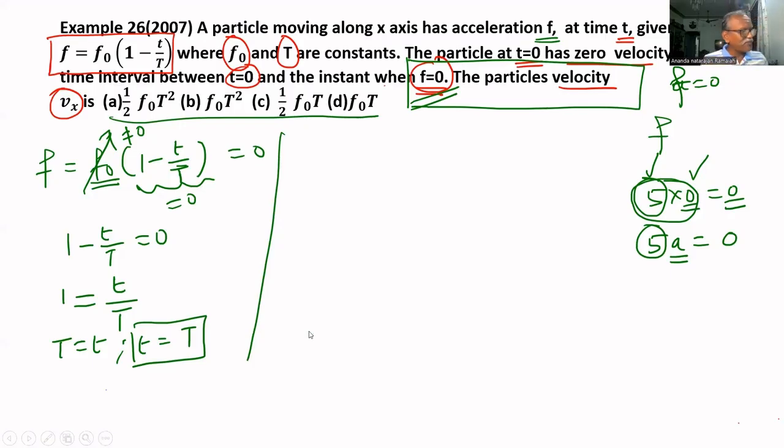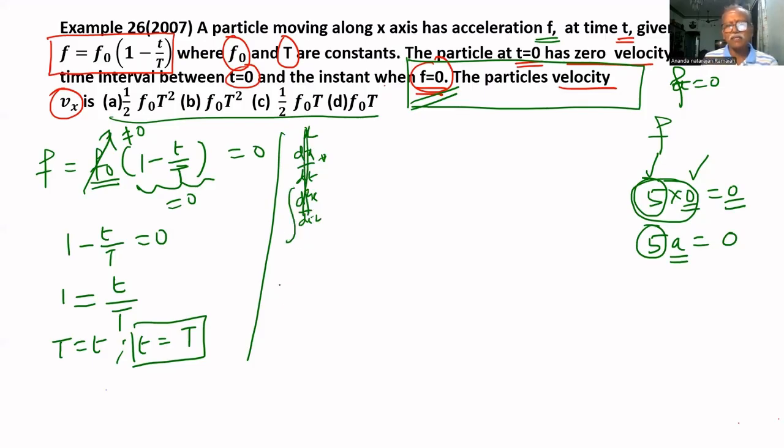If I want to find the velocity, what I have to do is, if x is given, velocity means dx/dt. If velocity is given, acceleration means d²x/dt². We have to go on differentiating. Suppose the acceleration is given and velocity is required, we have to integrate.